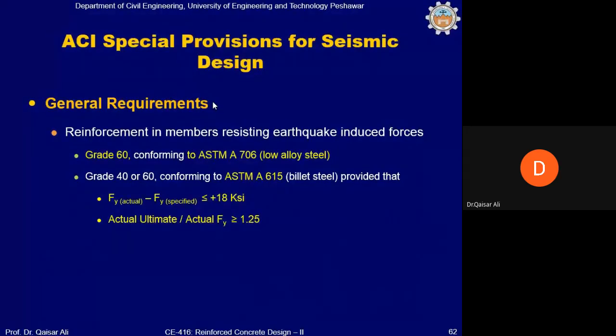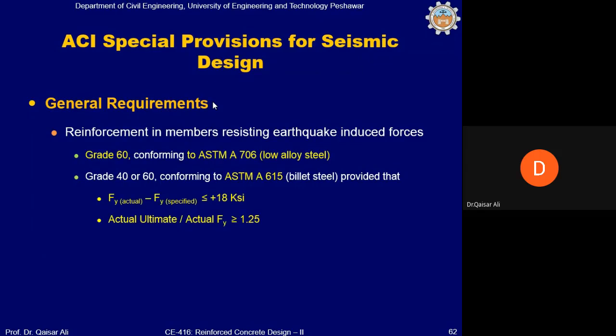So if ASTM A615 is to be used, which is called billet or carbon steel, then both grade 40 and grade 60 steel can be used, and they are allowed. Both are available in the market. But then the ACI code has placed two restrictions on the use of ASTM A615.